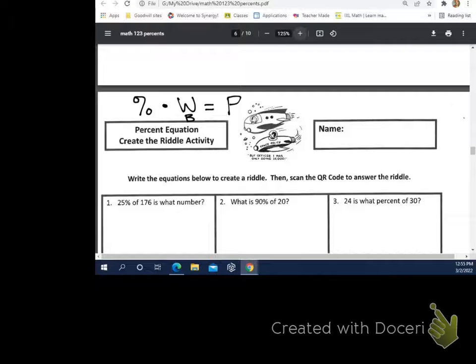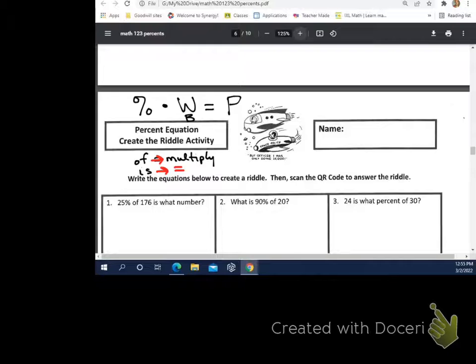So when we see the word of, I want you to think multiply. When you see is, I guess I should use something besides an equal sign there. How about of is multiply, is equal? Because then I was going to write equal on both of them. That kind of looked weird.